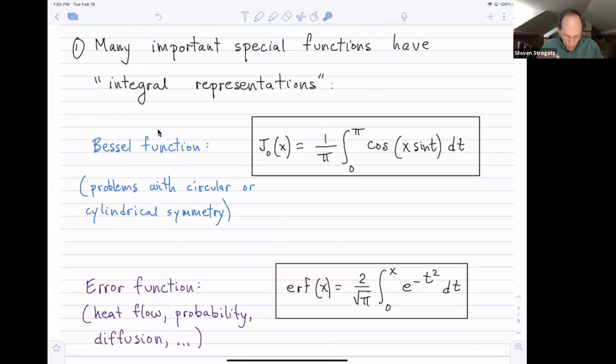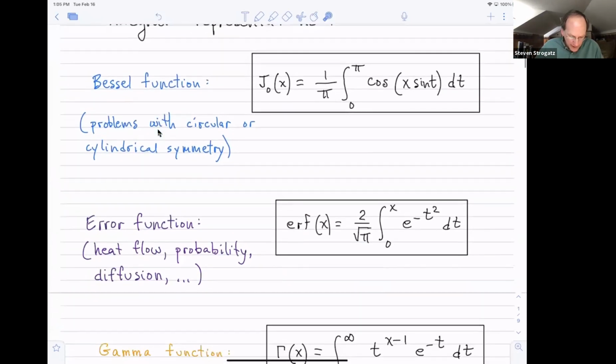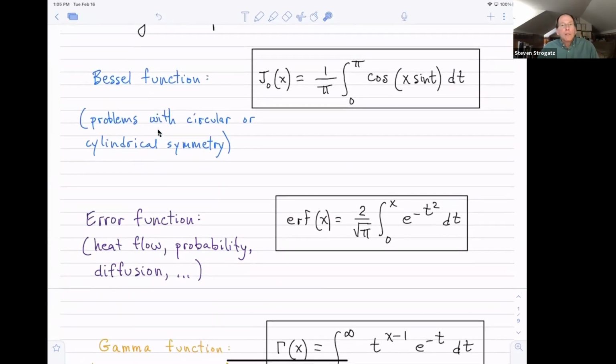And another would be if you're taking a course in probability or studying the flow of heat in one dimension, or maybe diffusion in one dimension, you would run into an object called the error function, often abbreviated erf. There it is. It's an integral involving this Gaussian, bell-shaped distribution, e to the minus t squared.